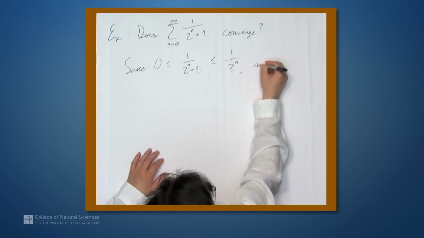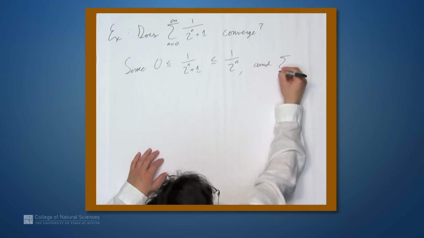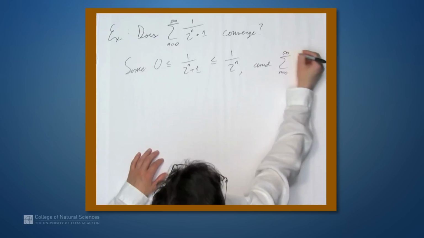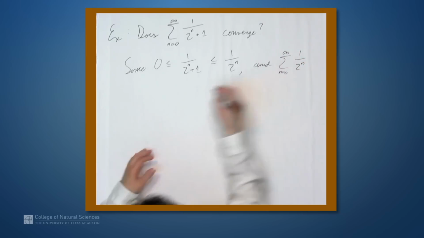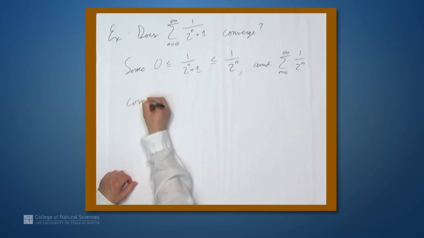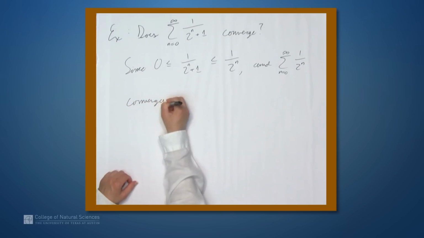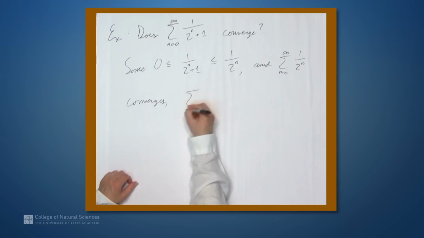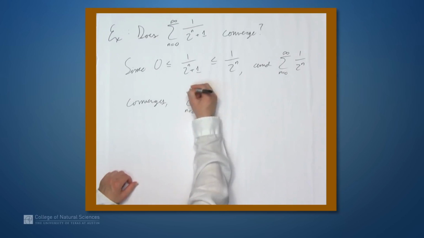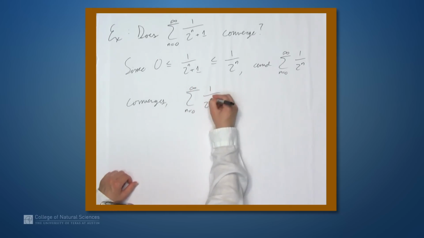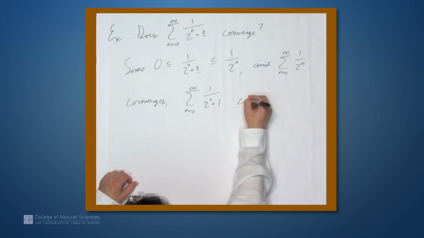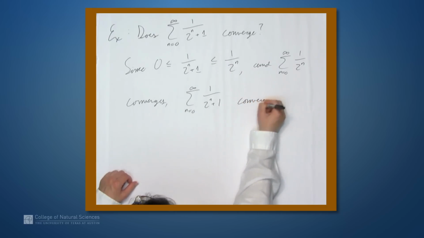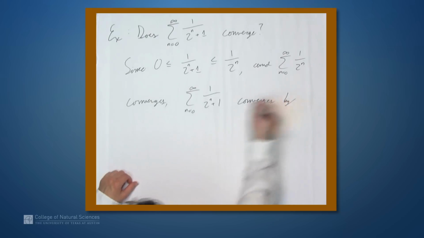And the sum from n equals 0 to infinity of 1 over 2 to the n converges, the given series, the sum from n equals 0 to infinity of 1 over 2 to the n plus 1, converges by the comparison test.